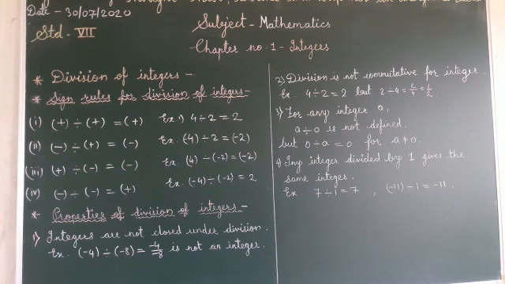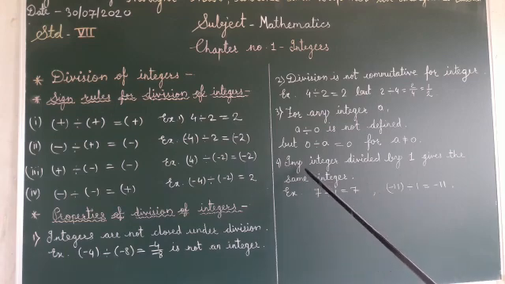The next property is, for any integer a, a divided by 0 is not defined. When you divide by 0, you do not get an answer, meaning it is not defined. But 0 divided by a: if you divide 0 by any number, you get the answer 0. For any a not equal to 0, this a should not be 0, but except 0, a is any integer.